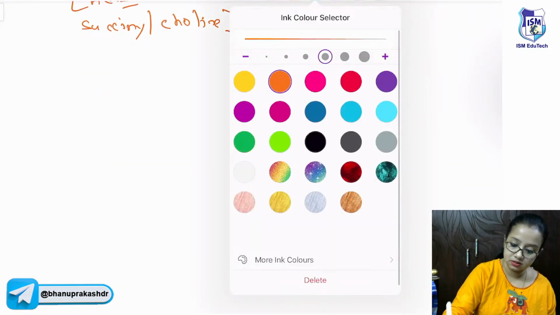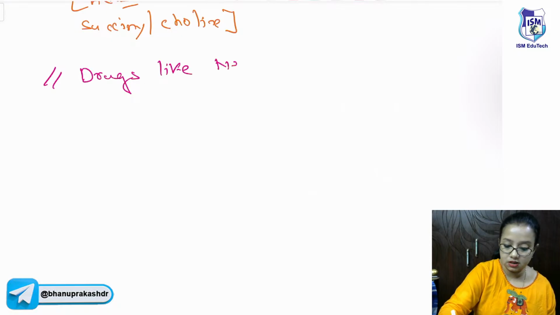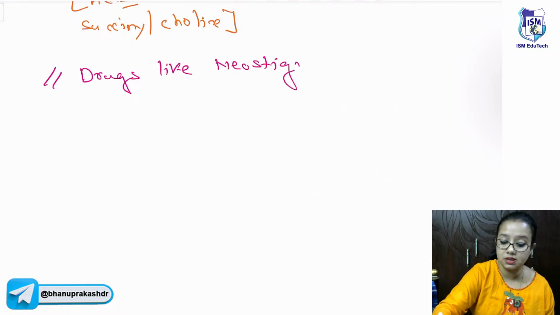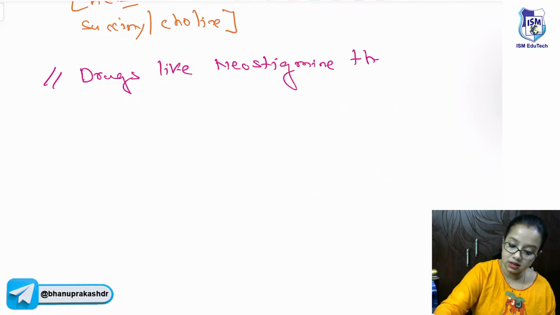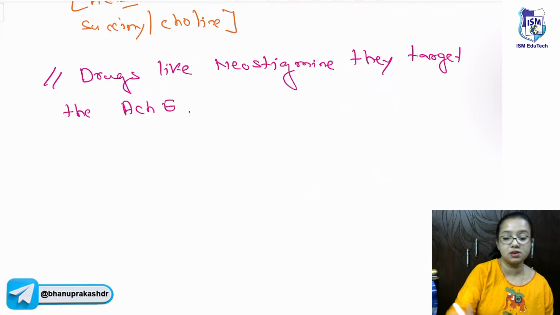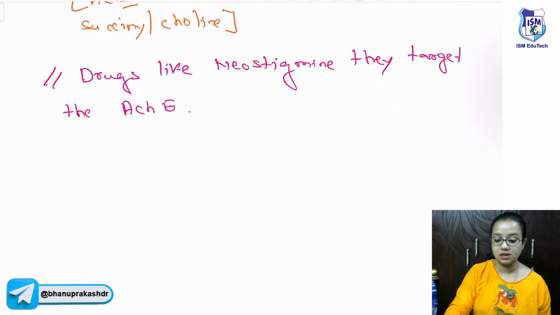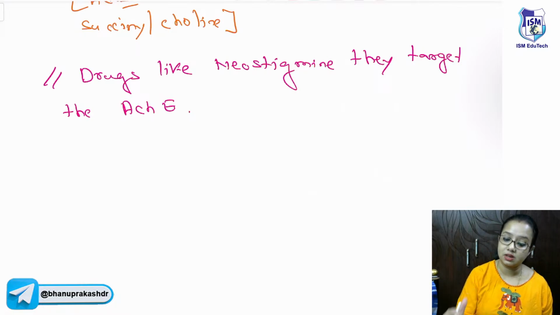Some drugs like neostigmine target the acetylcholine esterase. Now, maybe due to some congenital condition, there are diseases of the neuromuscular junction like myasthenia gravis, Lambert-Eaton syndrome, in which there is not enough acetylcholine available for the depolarization.